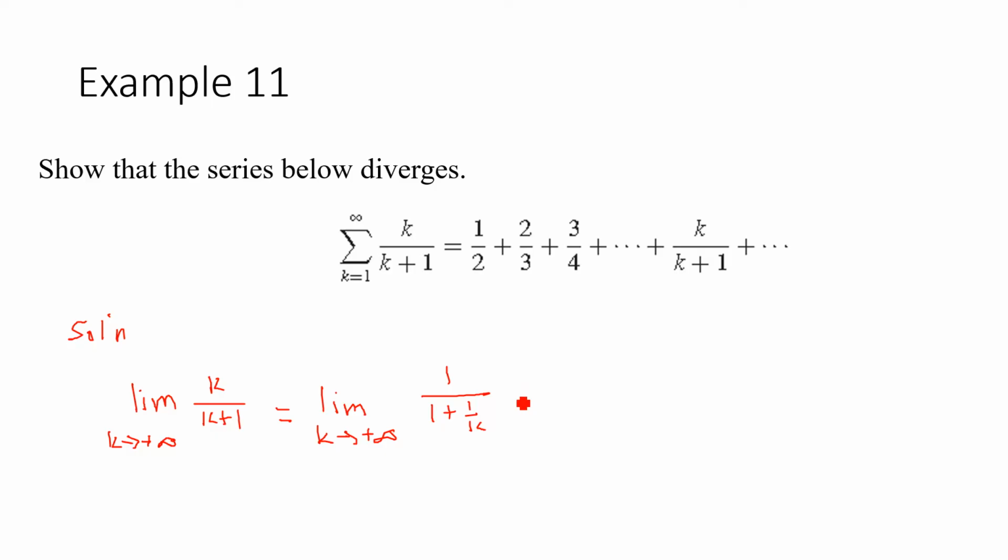Then you have, of course, the limit of 1 is 1, over the limit of 1 is 1 plus the limit of this one is 0. So you have 1. And of course, 1 is not equal to 0. So by theorem, if the limit is not equal to 0, then it diverges.